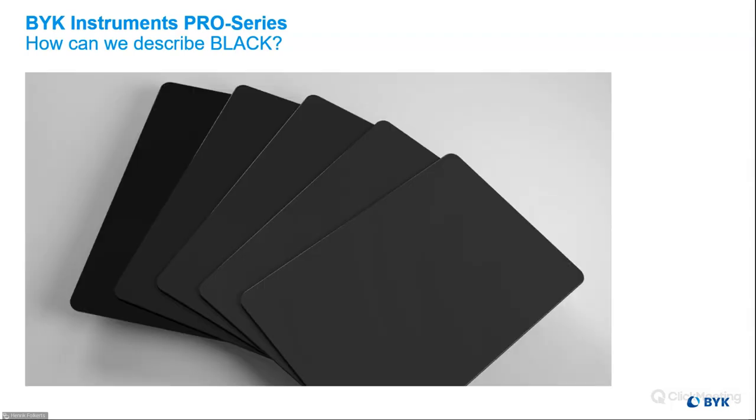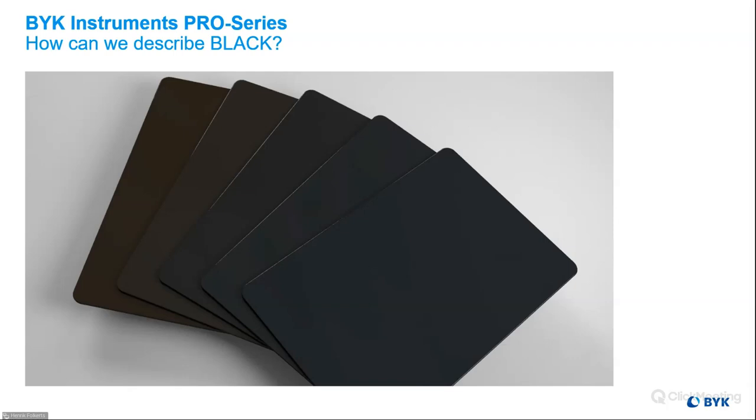Without this reflection, you see this is much better. On the left side, you see now the darkest sample in the fan deck, and on the right side the lightest one, meaning the one with the lowest absorption behavior. More light is reflected.